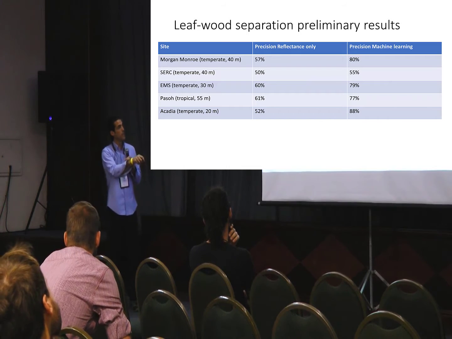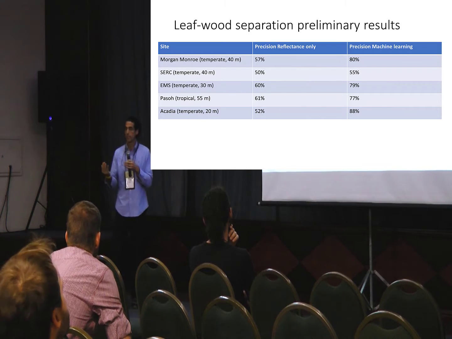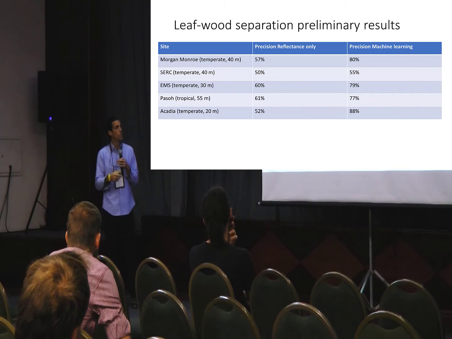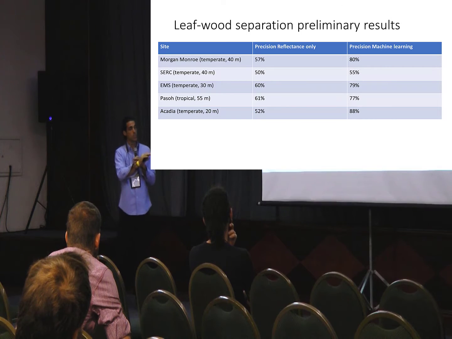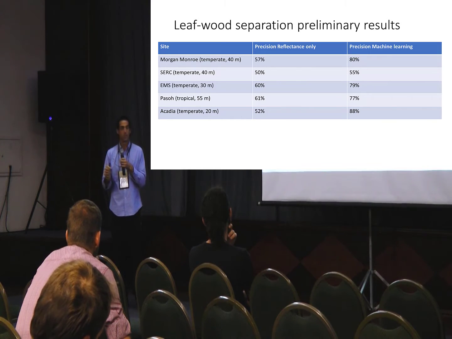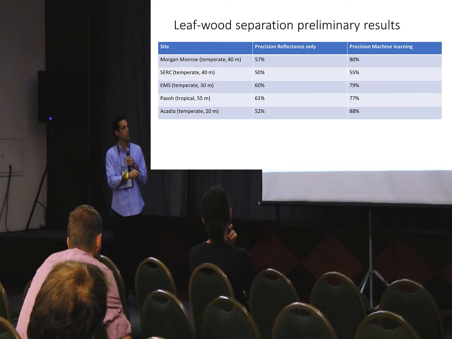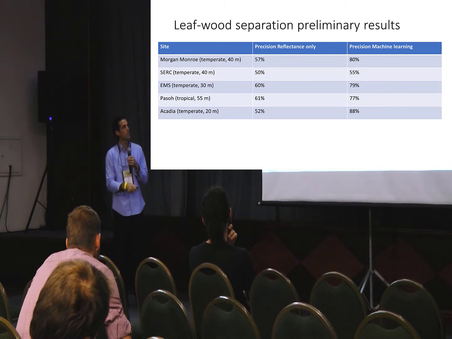What I'm finding is, with the reflectance only, although visually results look fairly good, and here I should mention that the students were selecting points that were fairly hard to separate, so this is maybe making the results look a little bit worse than they really are, but for the reflectance-based method, it's fairly low precision.